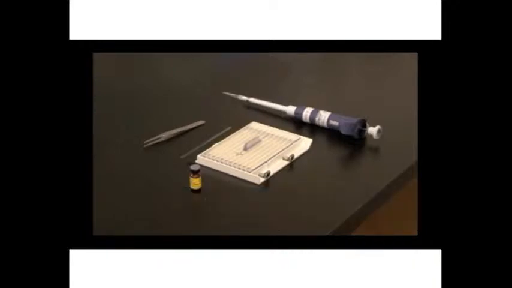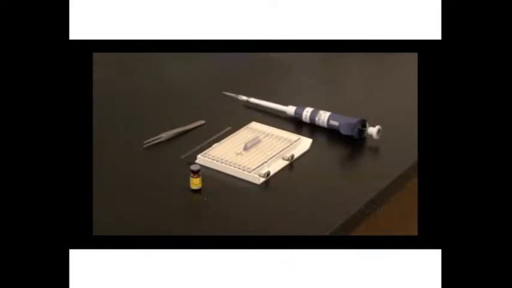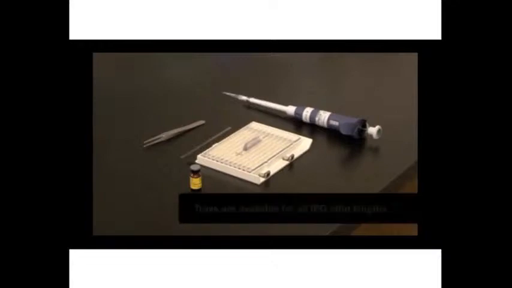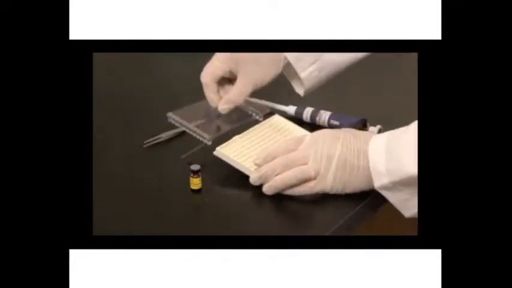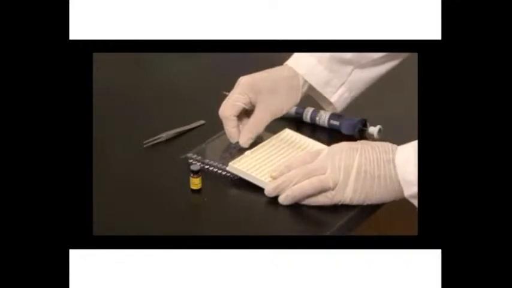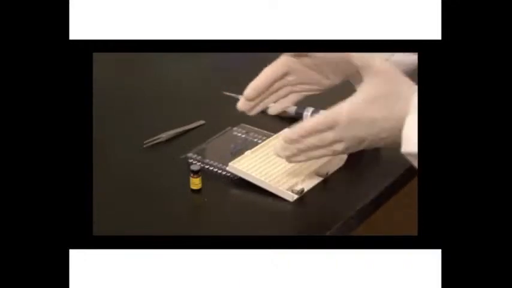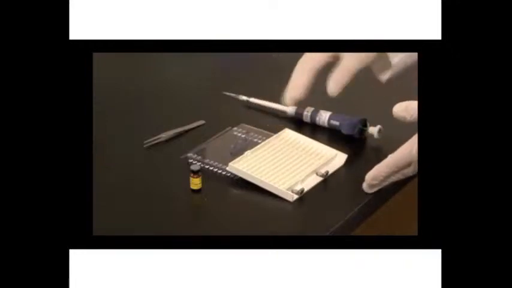To rehydrate the strip, I will load 200 microliters of sample into the focusing tray in each lane that I'll be running a strip. I am using a focusing tray that is specific for 11 centimeter strips. Trays are available for all IPG strip lengths. Tilt the tray toward you to allow for even distribution of the sample. An easy way to do this is to take the focusing tray and put it on the edge of the lid to the focusing tray, so you have the tray at an angle towards you.